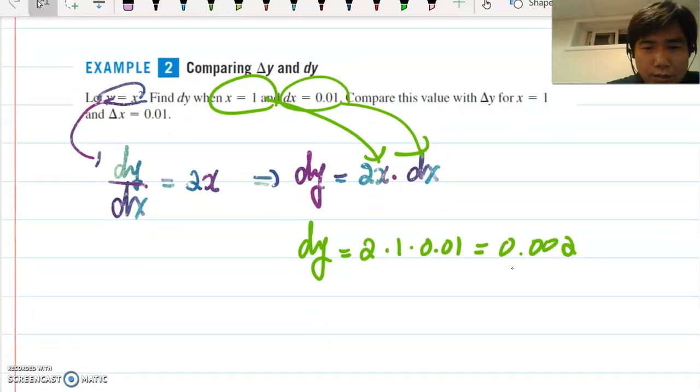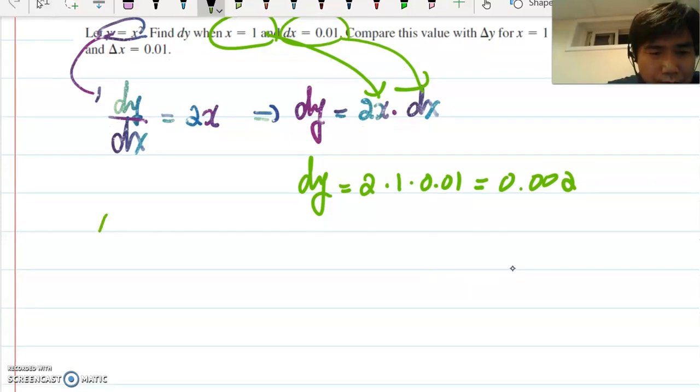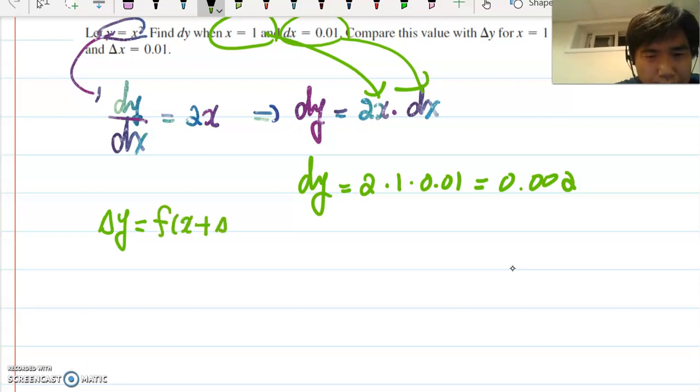Basically, for delta y, you can do f of x plus delta x minus f of x, right?